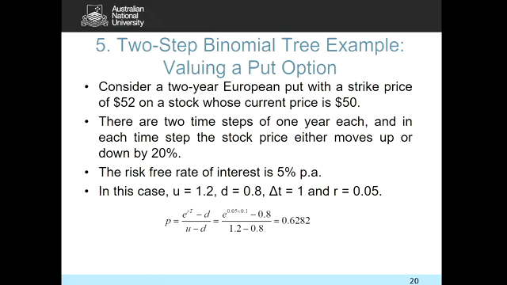The great thing about whether it's a call option or a put option is it's exactly the same formula. You're still going to take into account the time value of money, still going to take into account the probabilities, and still going to take into account the payoffs. Obviously, what changes is the payoffs will be different. The payoffs become X minus ST rather than ST minus X.